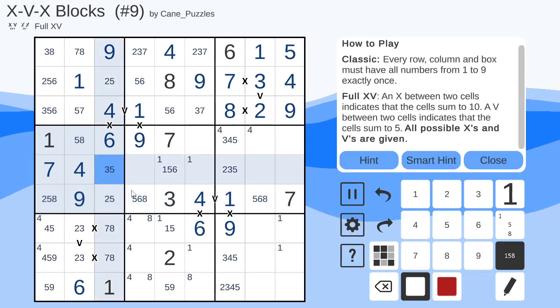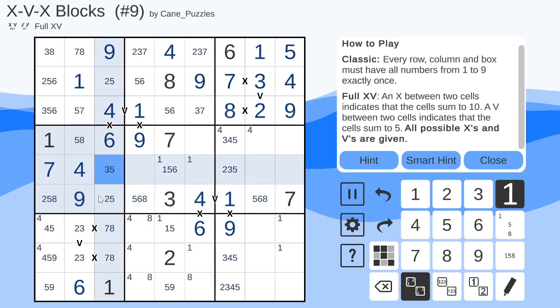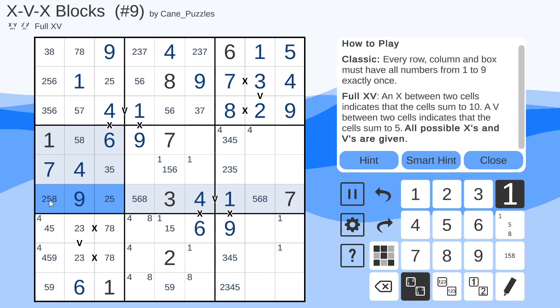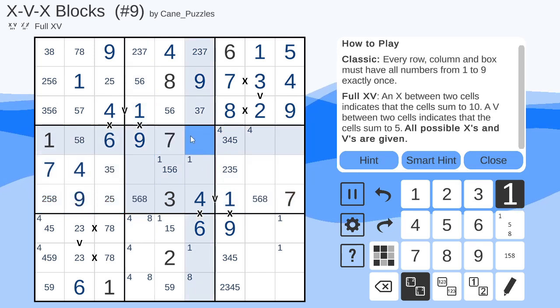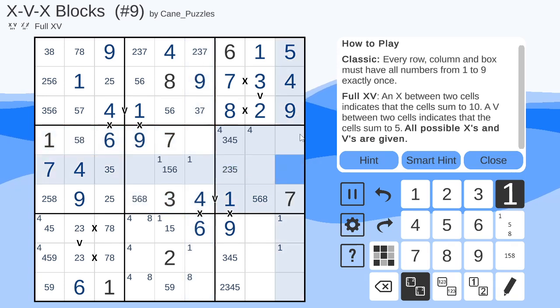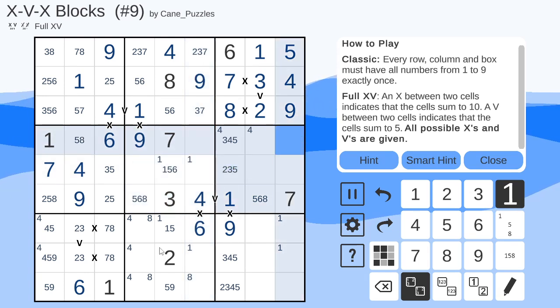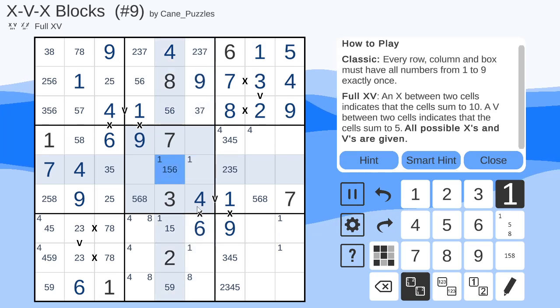You're not a 2. 2's here, and one of these, and one of these. A lot of rules I gotta think of that I don't want to cross by mistake. This cannot be a 1. This is the 1.